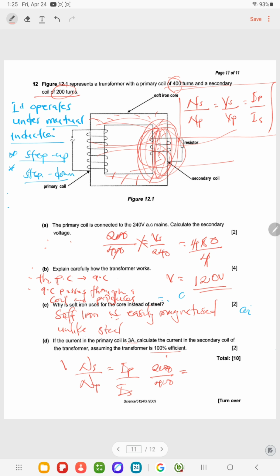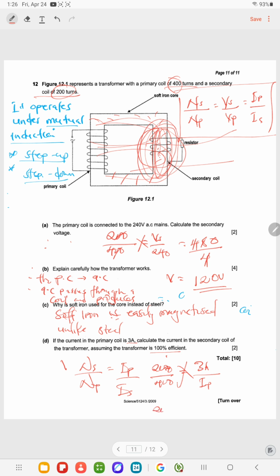We have the current. If the current in the primary coil is 3, we put 3 amps here, over the current in the secondary, which we don't know.